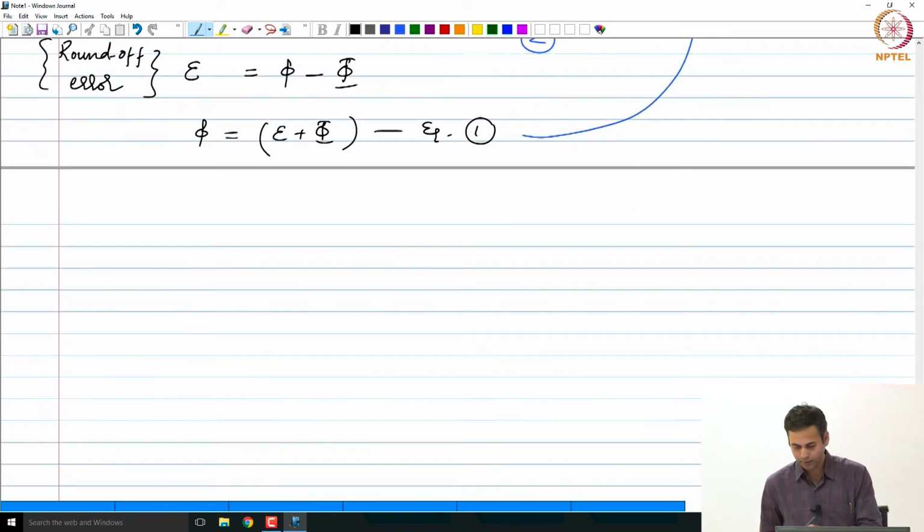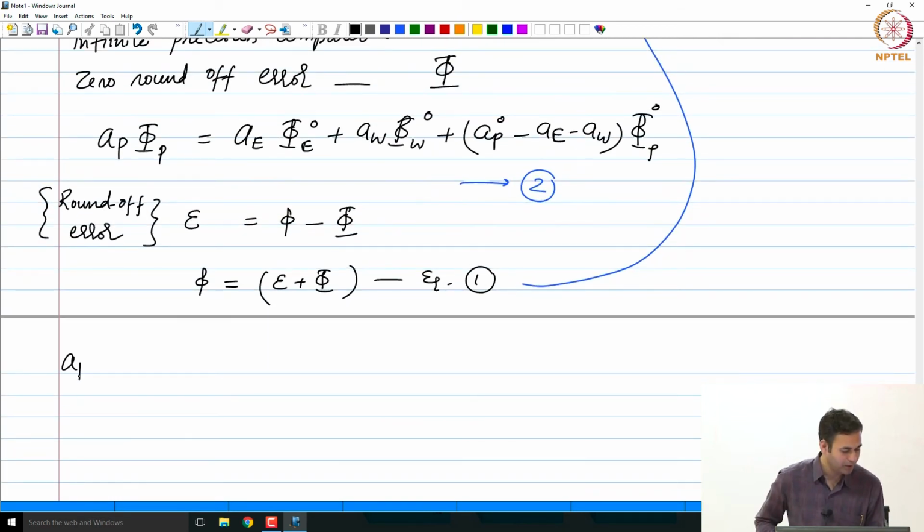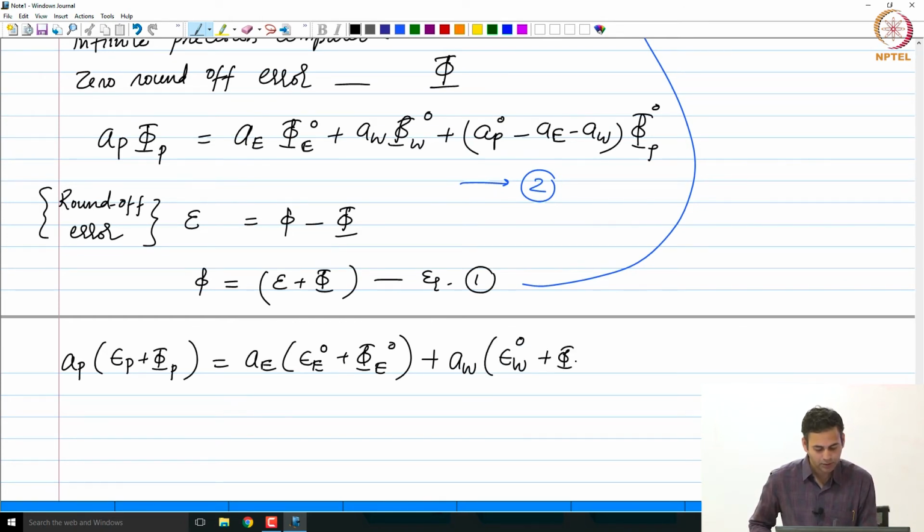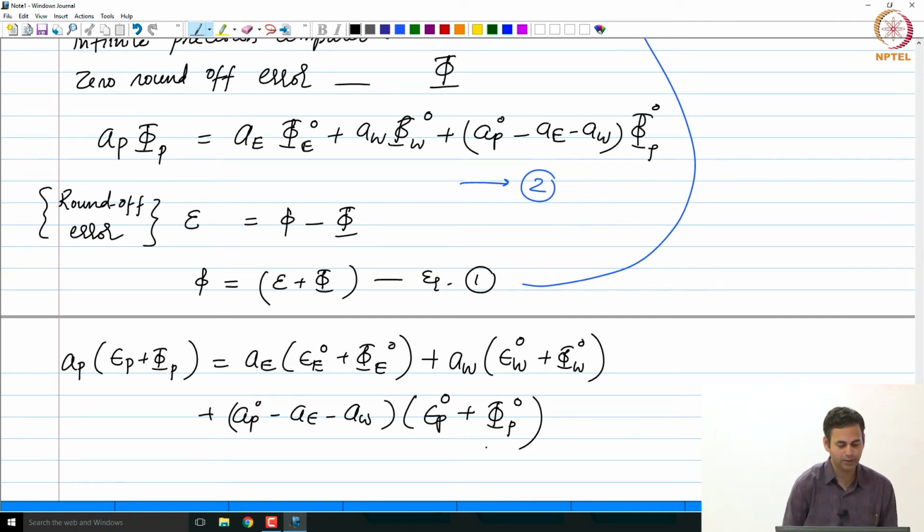So, what will that be? That will be AP times epsilon p plus capital phi p, all evaluated at 1, equals A east times epsilon E 0 plus phi E 0, plus A west times epsilon west 0 plus phi west 0, plus AP 0 minus A east minus A west times epsilon p 0 plus phi p 0, right.